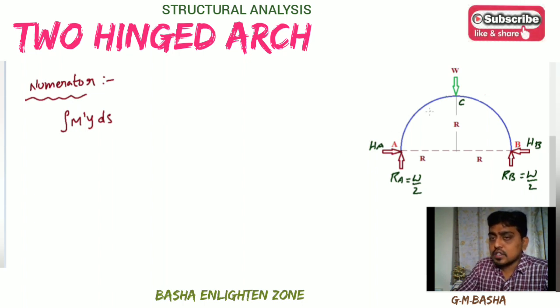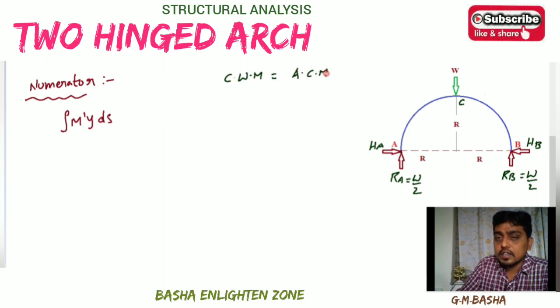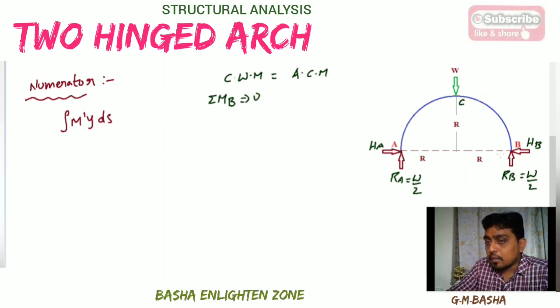Then resolve the forces. You can take down directly or else you can go for the procedure. I am taking clockwise moments on one side, anti-clockwise moments on the other side. Sigma Mb will be equal to 0. I am resolving the entire force up to here.